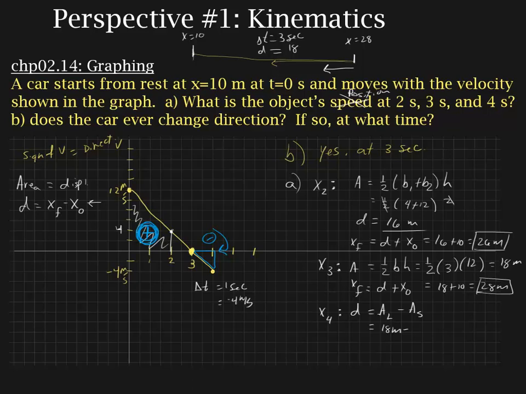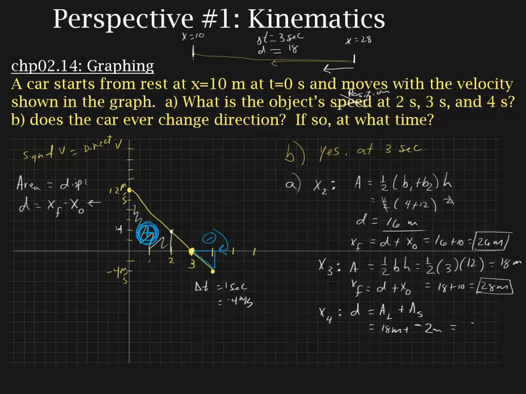So we could say area large plus area small, where it becomes 18 meters plus a negative 1/2 times 1 times 4, which is equal to minus 2. That's a minus 4, so we get a minus 2 meters for that last 1 second time interval.